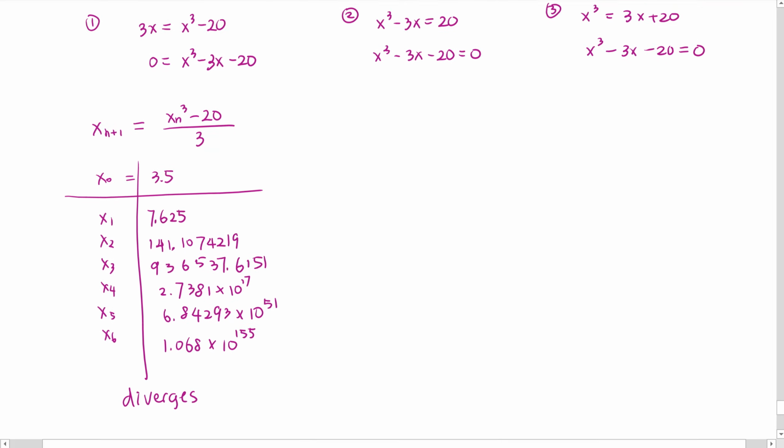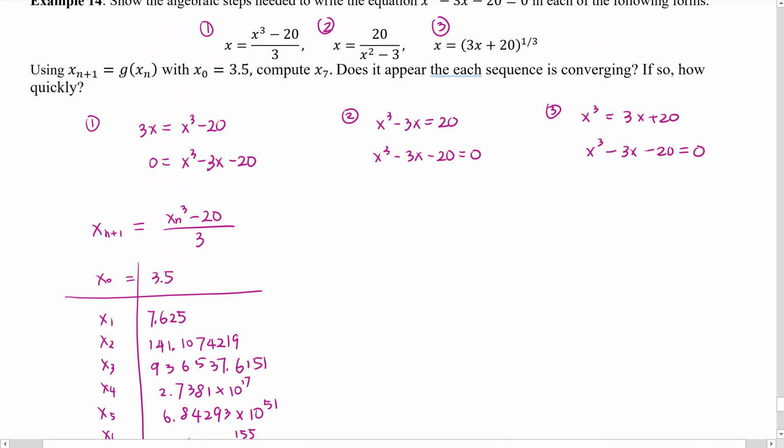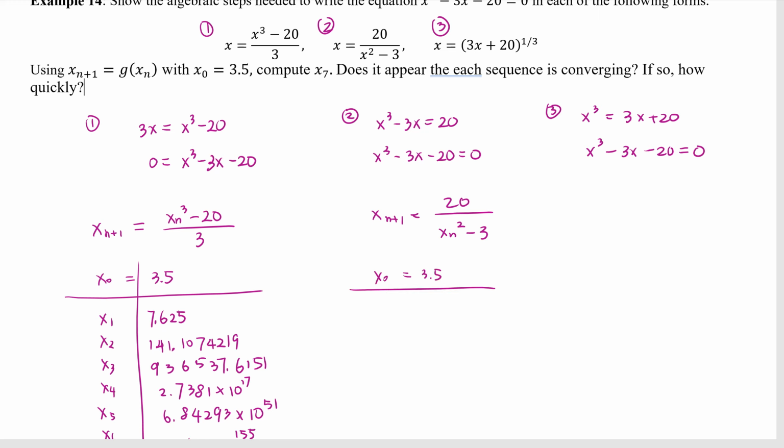Okay, let's look at the second formula. The iterative scheme is x(n+1) equals 20 over (xn squared minus 3). Okay, x0 is 3.5, and we do the same thing.